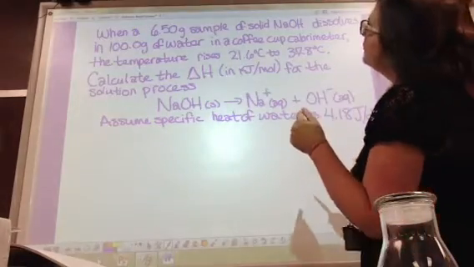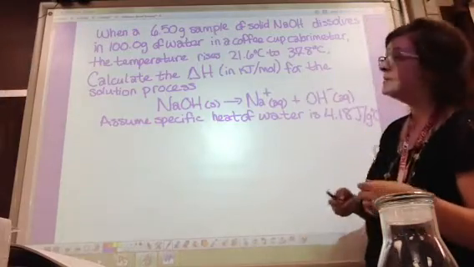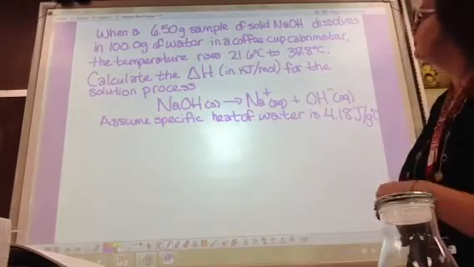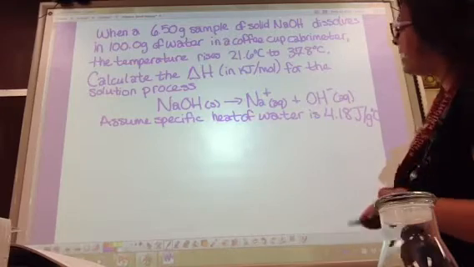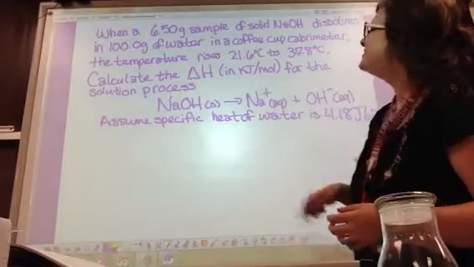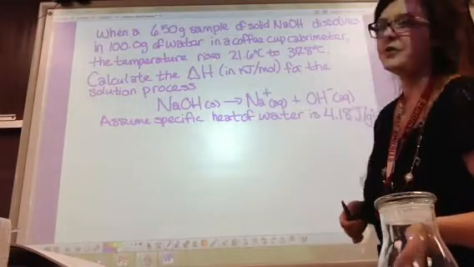So, for example, for number one, I have: when a 6.50 gram sample of solid NaOH, so solid sodium hydroxide, dissolves in 100 grams of water in a coffee cup calorimeter, the temperature will rise 21.6 degrees Celsius to 37.8 degrees Celsius.